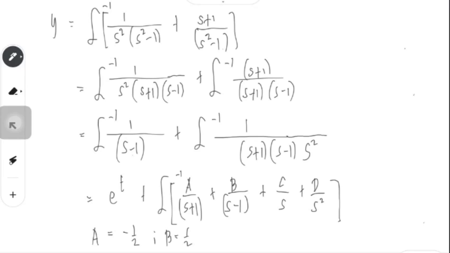Then your C is equal to 0. Then your D is equal to 1. Tingnan natin kung ano magiging effect. A is negative 1/2, B is positive 1/2, C is equal to 0, D is equal to 1. Let's see the effect.